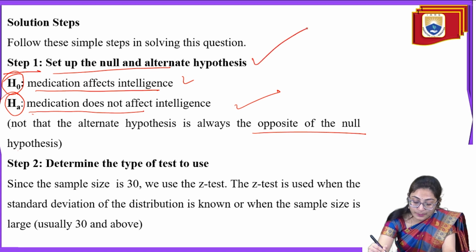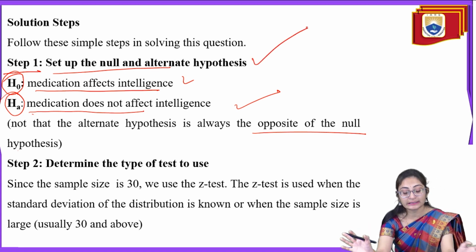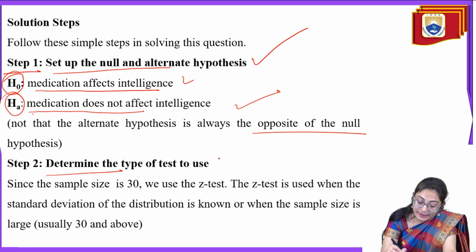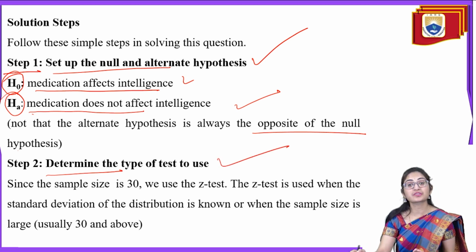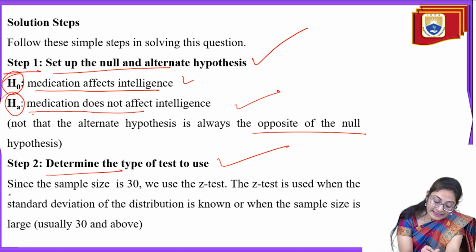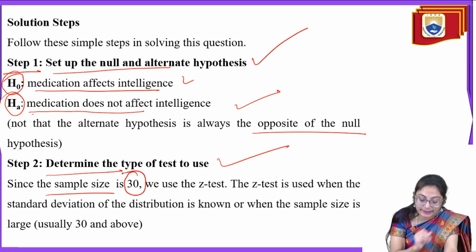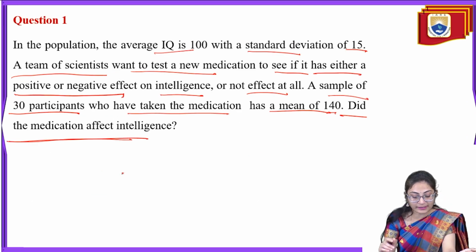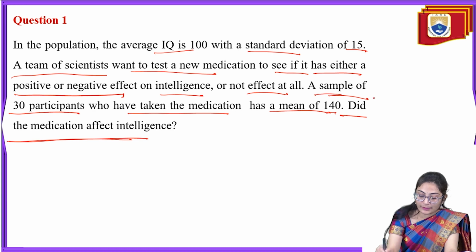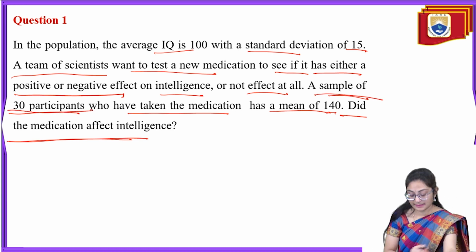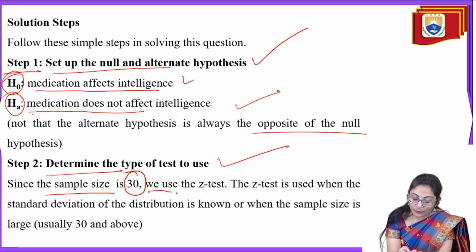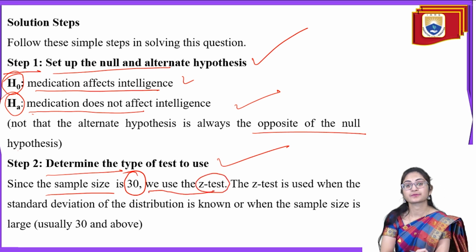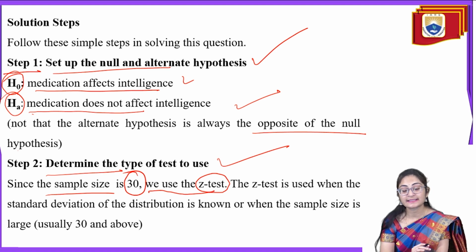So in the first step, you have set up the null and alternate hypothesis. Then the second step is to determine the type of test to use. Since the sample size is 30, we will use the Z test.